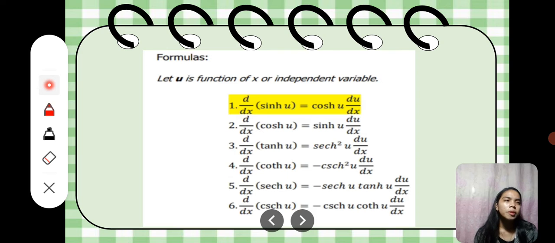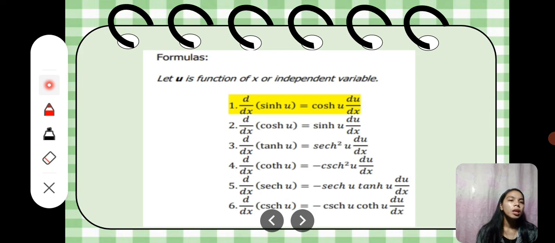The fourth is the derivative of hyperbolic cotangent u with respect to x, which is equal to negative hyperbolic cosecant squared u du over dx. The fifth is the derivative of hyperbolic secant u, which is equal to negative hyperbolic secant u hyperbolic tangent u du over dx.